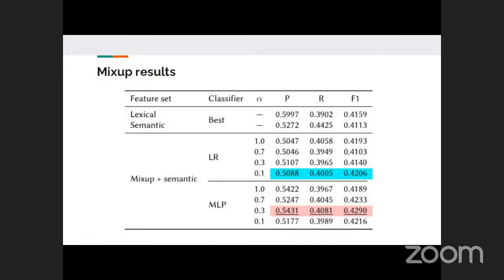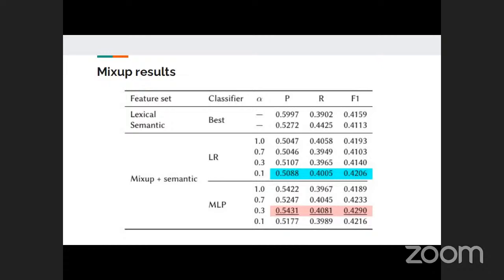Again, regarding F1, the best score was with the MLP model, and it was the best score considering also the baselines.